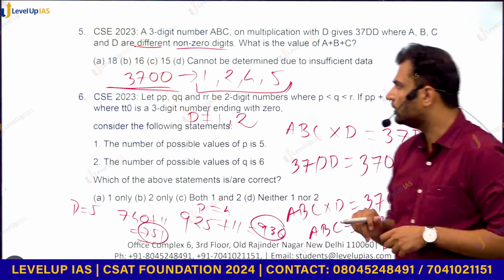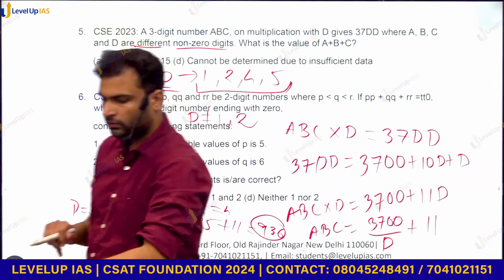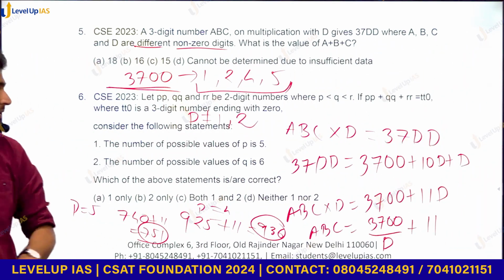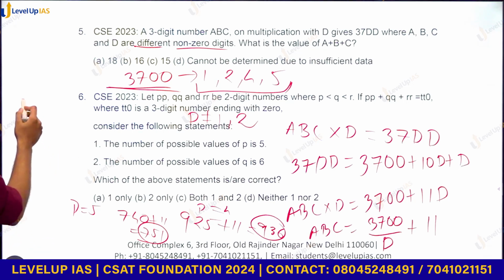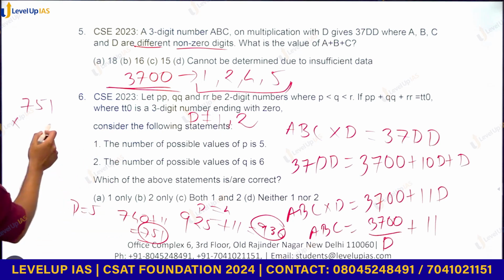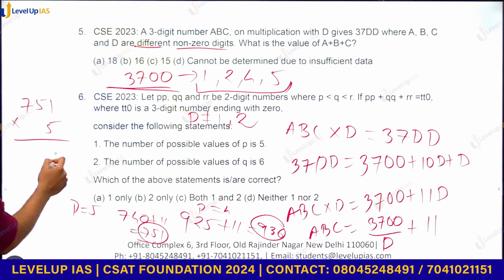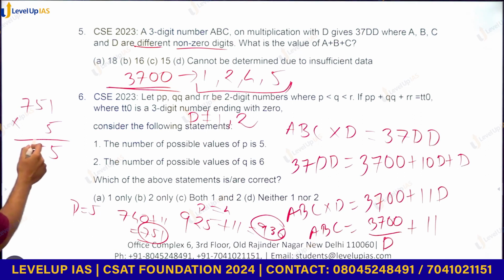Just to ensure that we are not making any errors, you can put it back. So if abc is 751, you can multiply it by d. d is 5 here, so you get 3755.